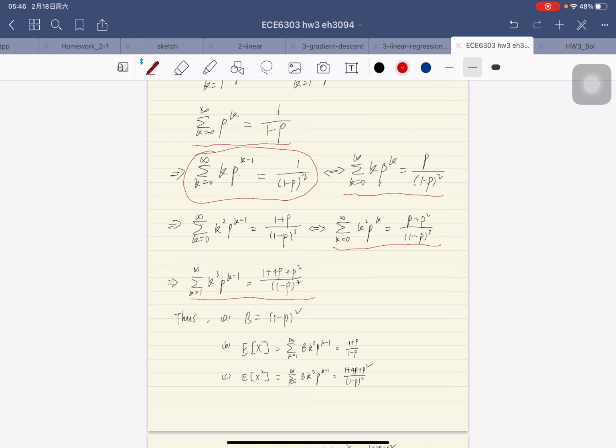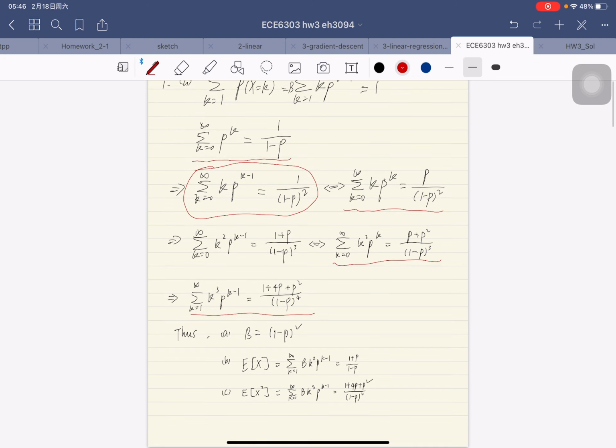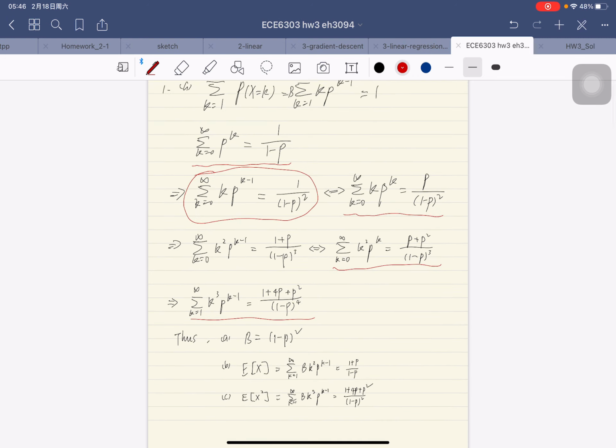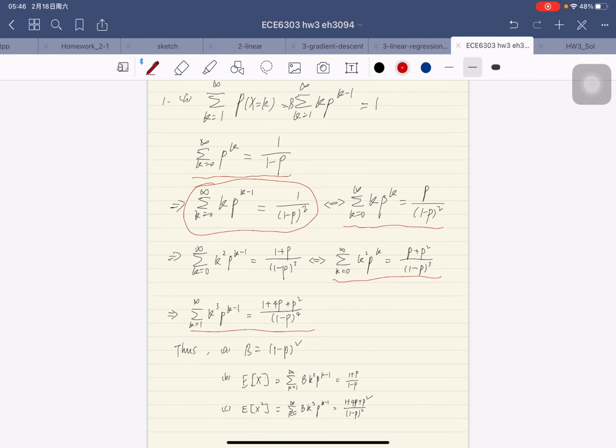And for the expectation of X, we can get that it is X multiplied by the sum of P(X = k). So we know that X should be equal to k in each case.